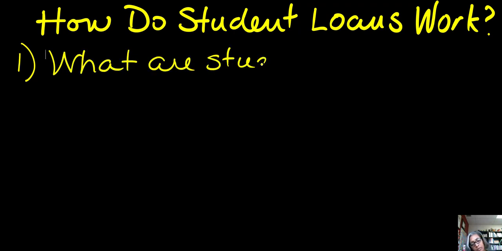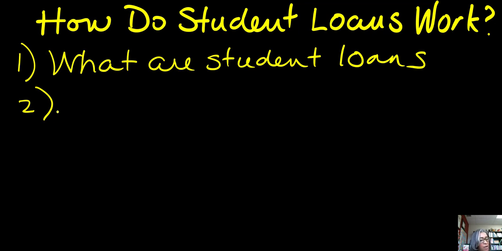We're going to cover four different aspects of student loans. So first, we'll talk about what are student loans? And then let's move on to talk about borrowing and exactly how much can you borrow?